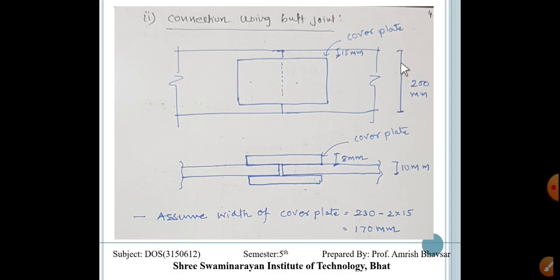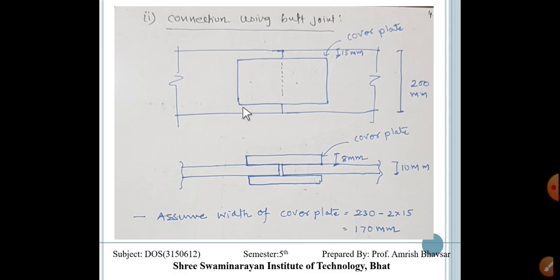The width of the member is 200 mm. This is the thickness, and here this is the cover plate. The size of the cover plate must be less than this 200 mm. So we can get this much length as a welding length.